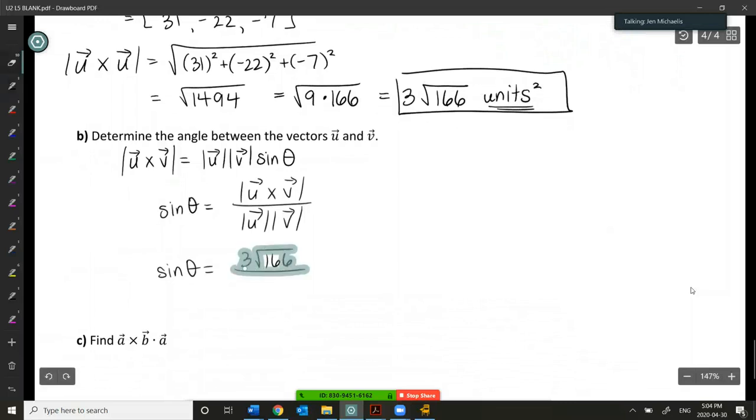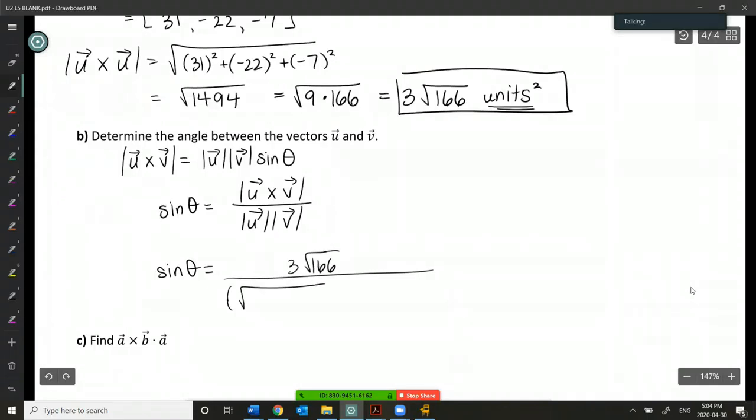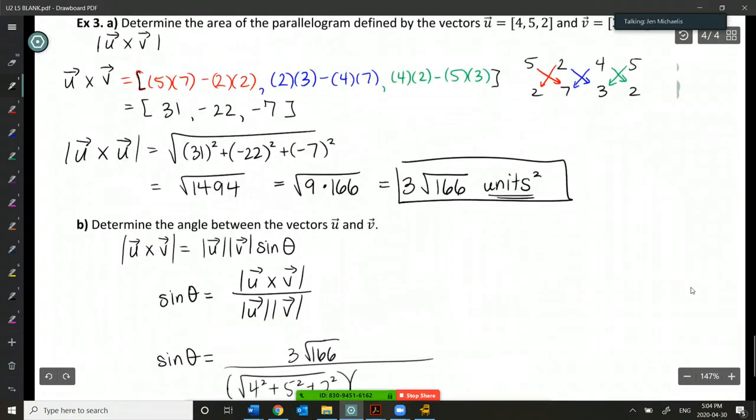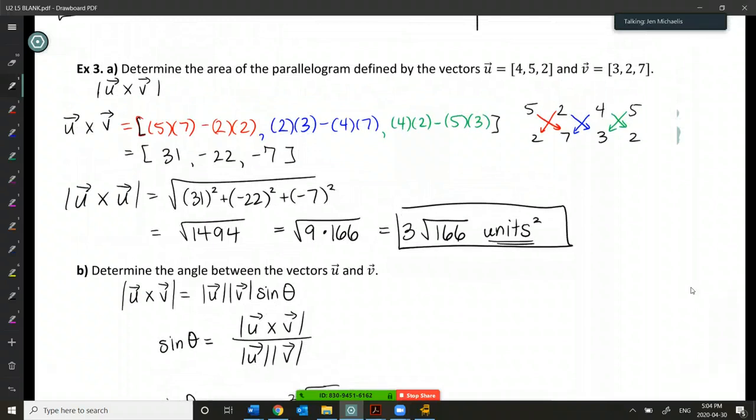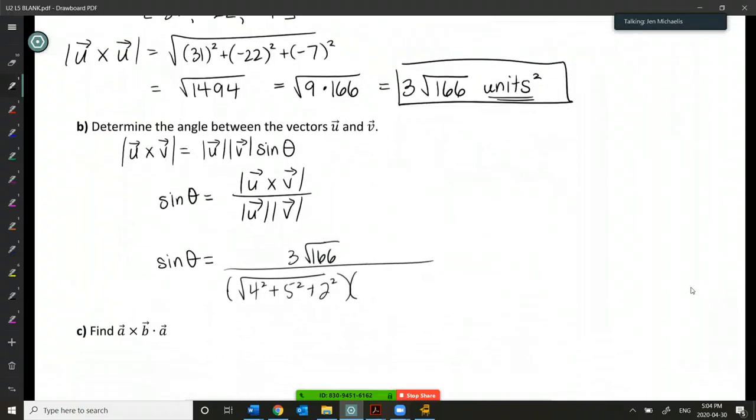So 4 squared plus 5 squared plus 2 squared. Let's just make this a little bit bigger so we can calculate that. And we're going to multiply that with the magnitude of vector v. So 3 squared plus 2 squared plus 7 squared.